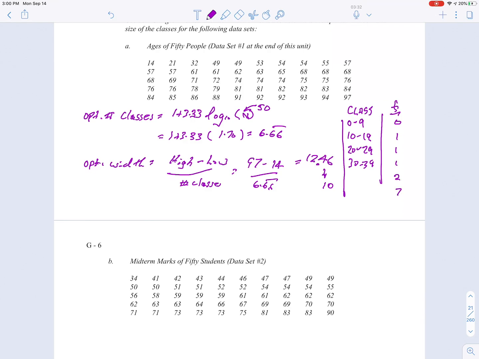There's, I think, 7 in the next one, 10, 12, and so on like that. So there's 2 in the 40s. And then there's 7 in the 50s. Just count them up here. So we've got 1, 2, 3, 4, 5, 6, 7, and so on like that. And they will sum up in the end to 50, which is our n. Okay?